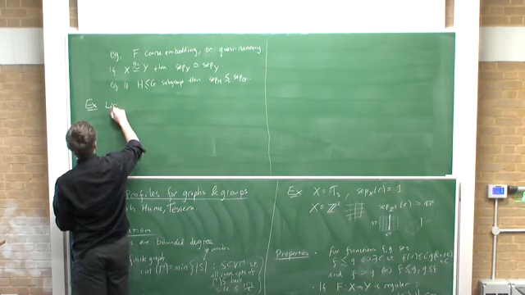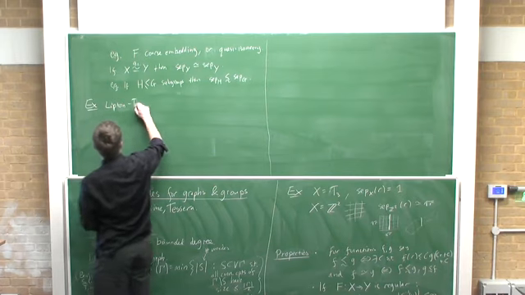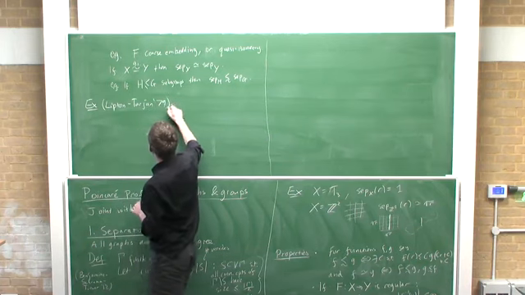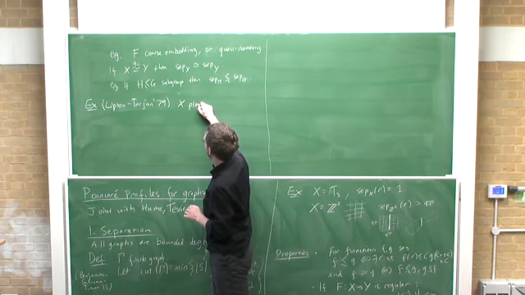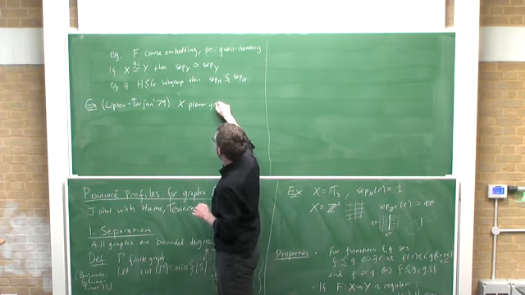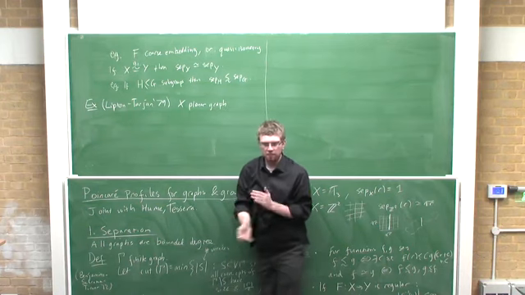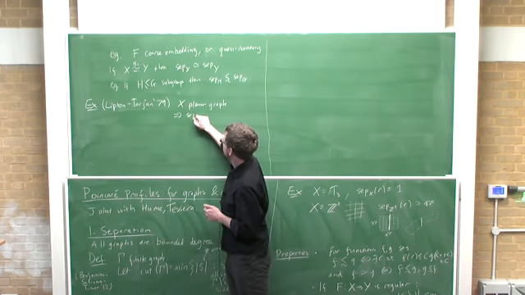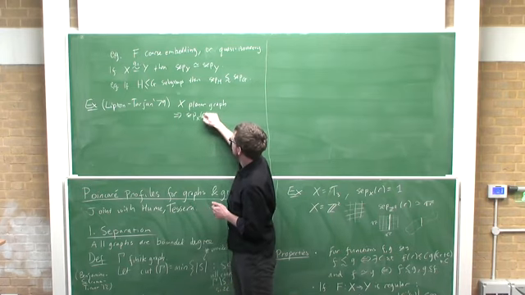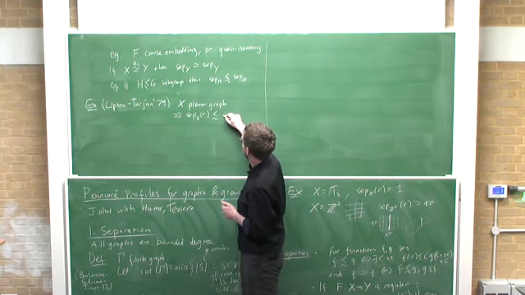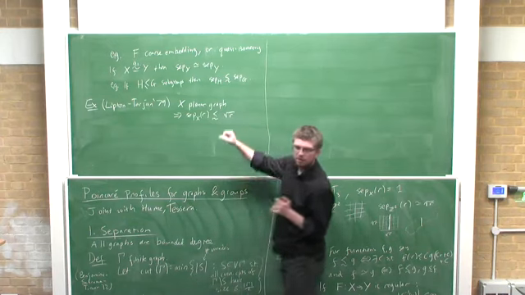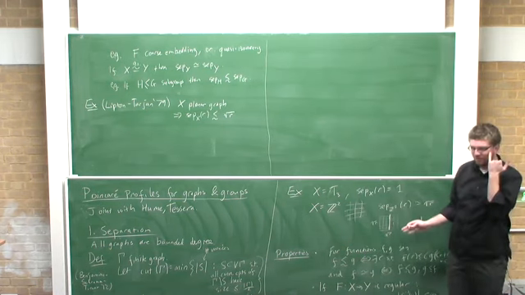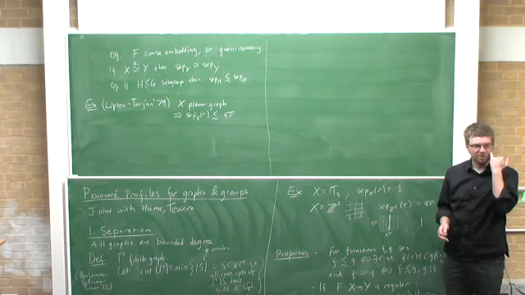a result of Lipton and Tarjan from '79. So if X is a planar graph, then the separation profile is at most square root of R. So this is a very particular case of a much more general phenomenon.